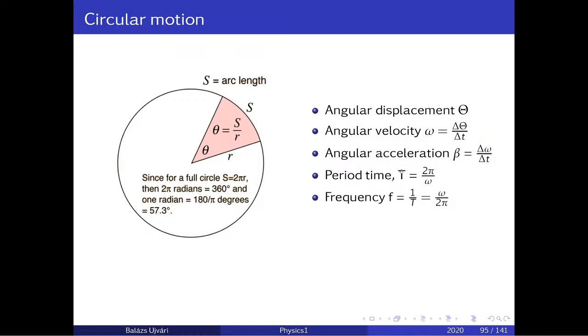The frequency is the inverse of the period time. So technically, if it takes 2 seconds to move from theta equals 0 to theta equals 0, 1 over 2 is 0.5, this is 0.5 hertz. Technically, the frequency is how many times you take one full circle in a second.